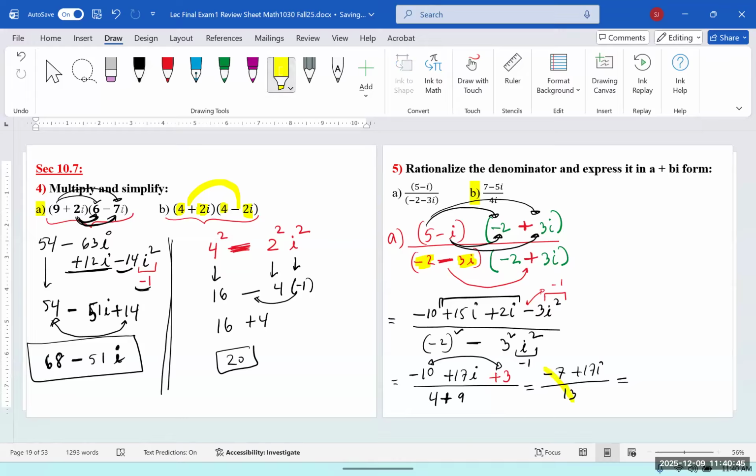So you separate the numerator by keeping the denominator. So negative 7/13, and then in the middle the plus sign, and then we have 17i/13. That's how we rationalize the denominator with an imaginary number.